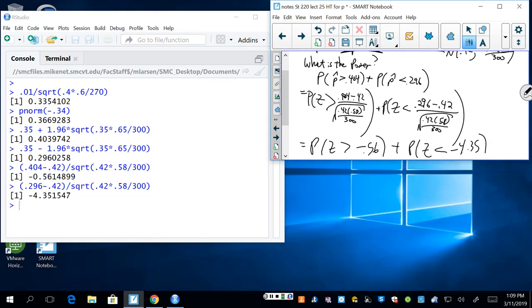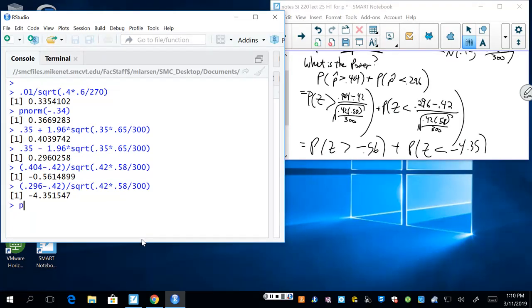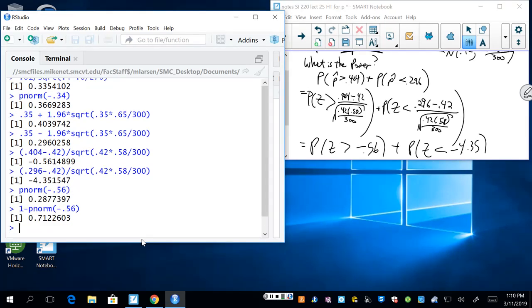Usually one of these tails is almost 0, because it's in the wrong direction from what the alternative says. You really expect it to be big, so being lower is always a tiny probability. But the chance that a normal is greater than negative 0.56 is 1 minus the chance that it's less than that, and that is about 70%, 0.71.